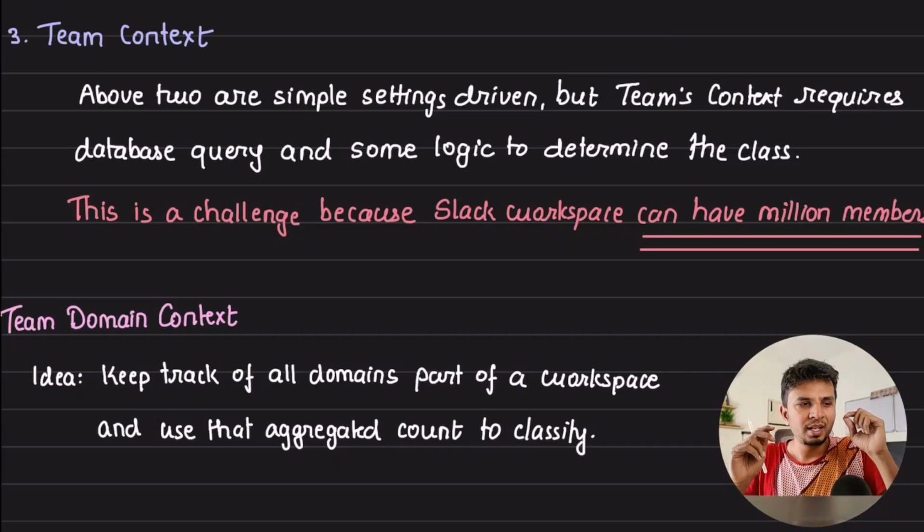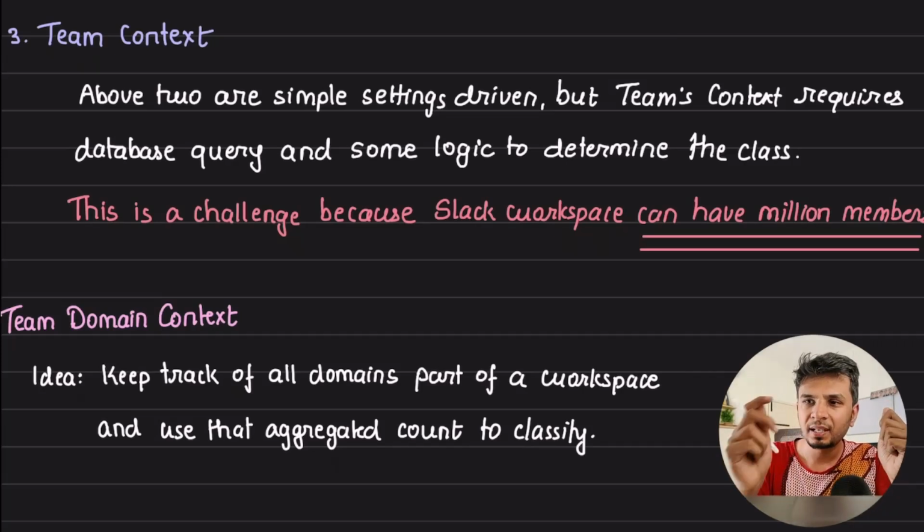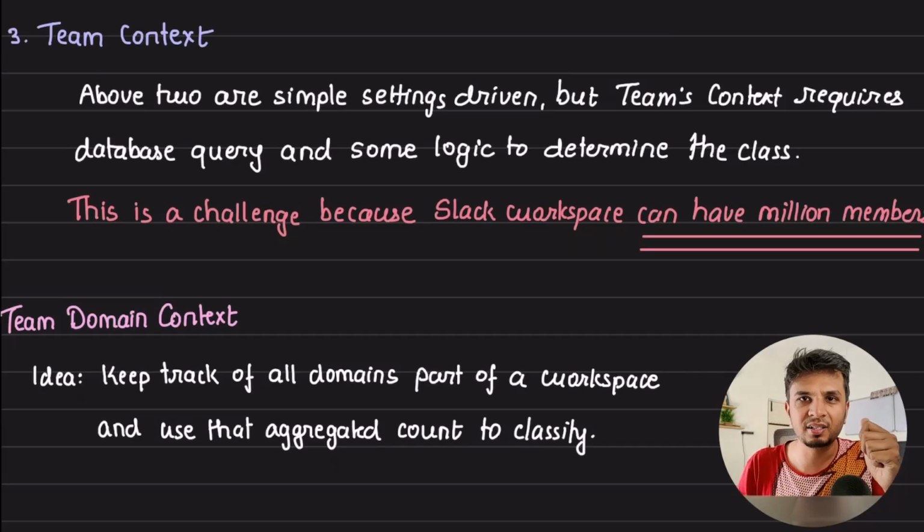Now, given a query, hey, given this email ID, give me the classification, whether it is internal or external. If you have millions of people, how quickly can you identify if this is an internal or an external one? Right? Now this is where the challenge starts to creep in. So now we have to find a solution to that.